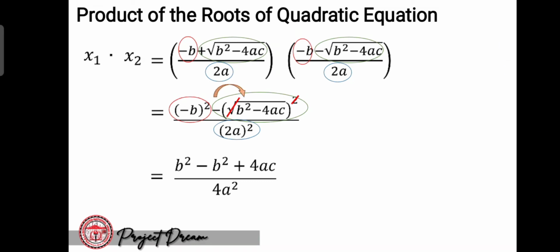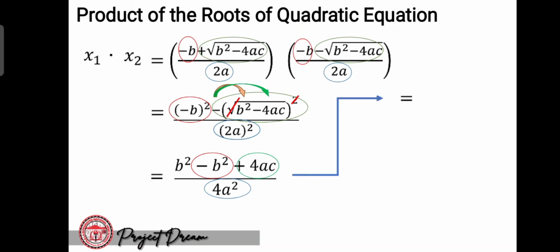So we have negative times b squared is equal to negative b squared. Negative times negative 4ac becomes positive 4ac. And then, quantity 2a squared, when you simplify it, becomes 4a squared.